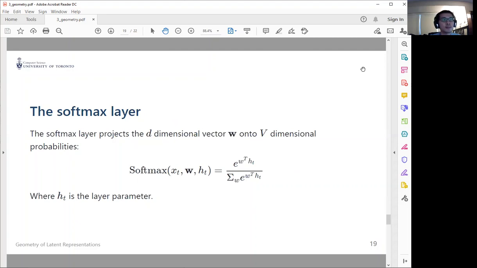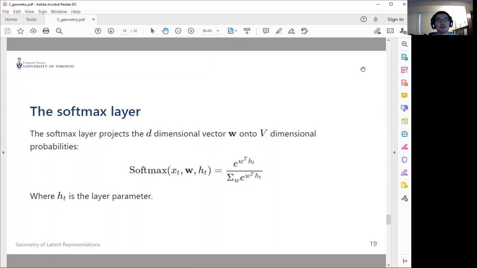In the softmax layer, the notation is a little bit different from other papers. They are using W as the input vector to the softmax layer, and they use H as the layer parameter. So they consider the softmax layer as the layer including the final projections from the d-dimensional vector onto the v-dimensional probabilities.